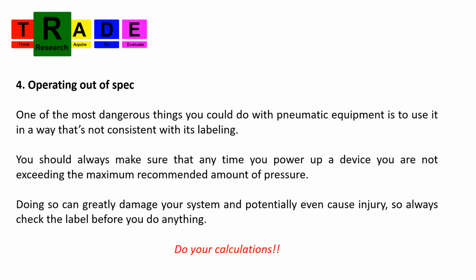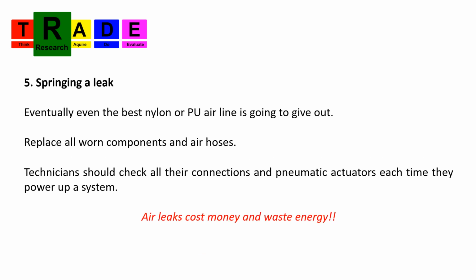Operating out of spec. Make sure you've selected the correct component for the application. Remember, do your calculations. Springing a leak. All pneumatic systems will eventually leak from somewhere. Remember, air leaks cost money and waste energy.